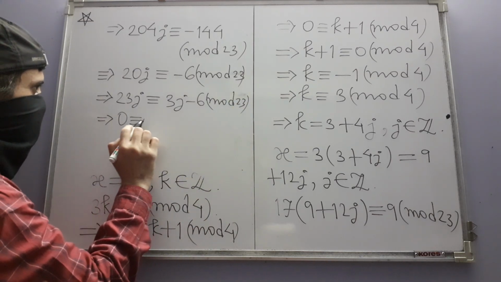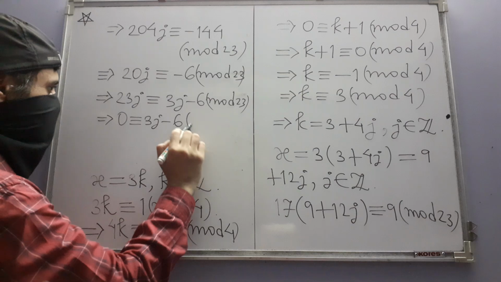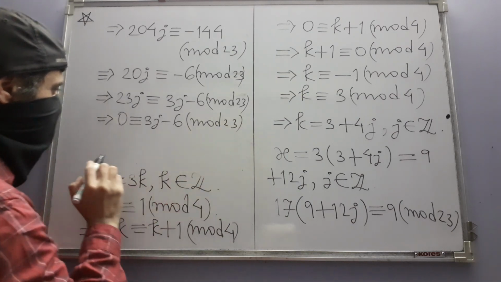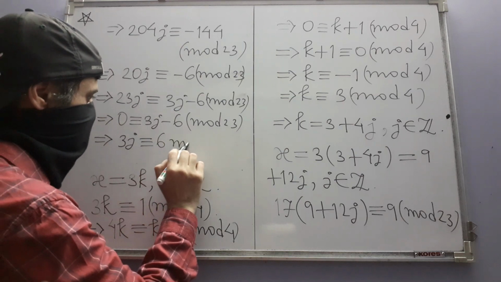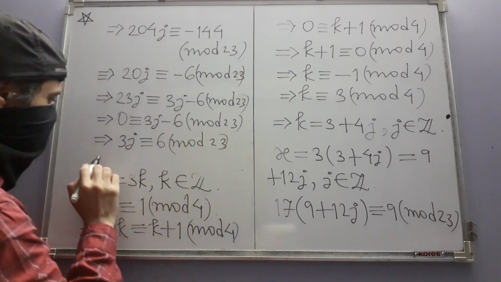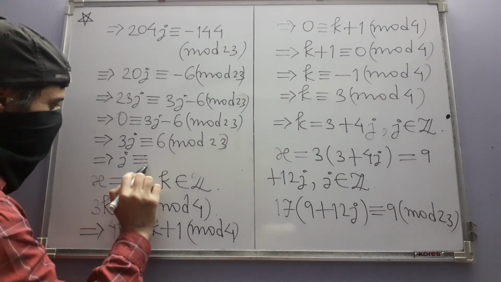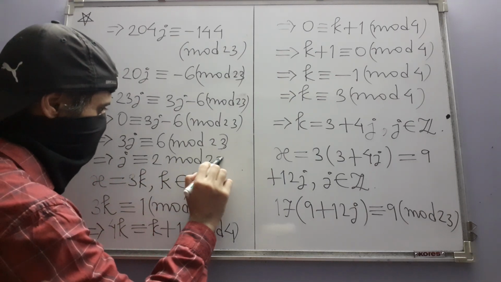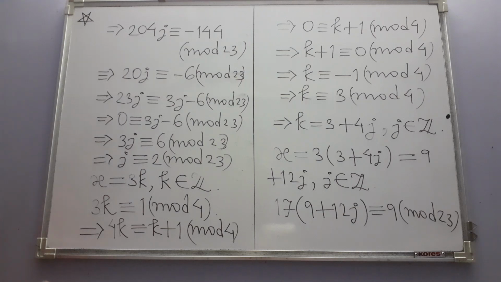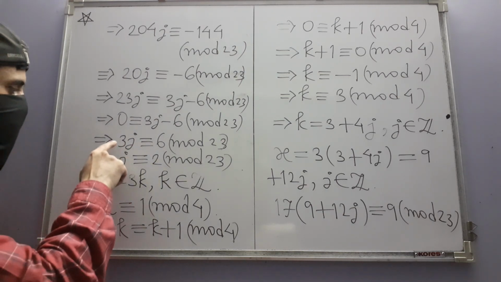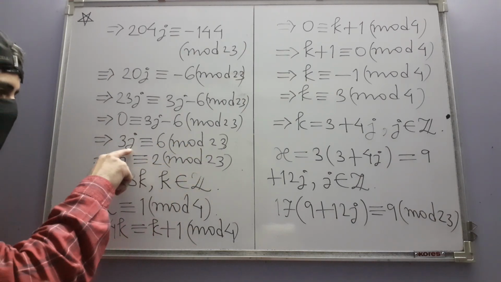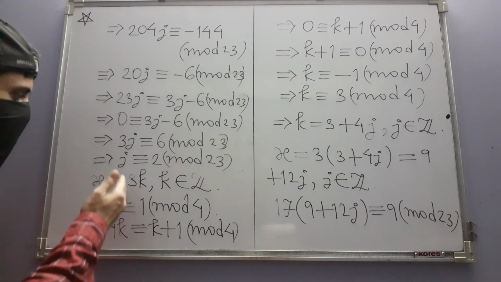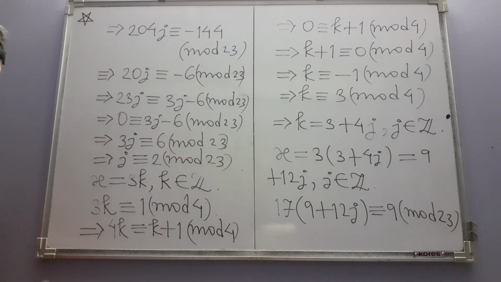So you get 0 congruent to 3J minus 6 mod 23, or 3J is congruent to 6 mod 23, or J is congruent to 2 mod 23. Do you see how we are able to suddenly cancel 3 from both sides? That is because 3 is relatively prime to the modulus. Otherwise, you will have to change the modulus by dividing by 3. But anyway, now we have got J congruent to 2 mod 23.